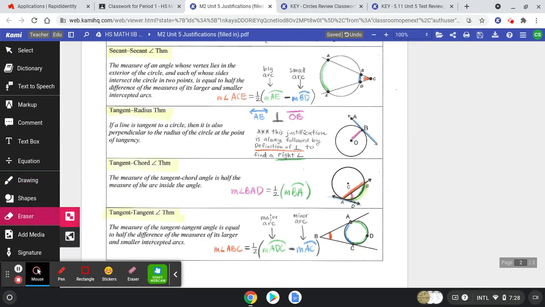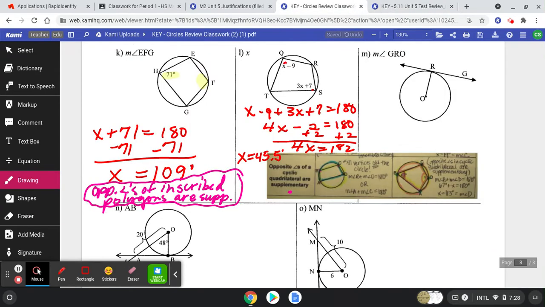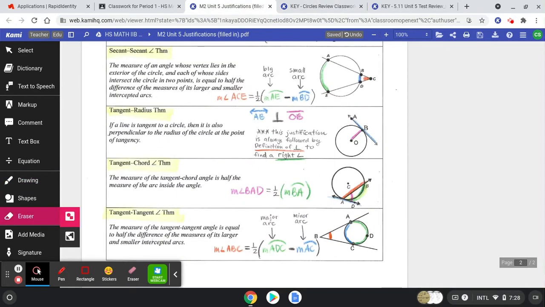So when they asked us for that angle over here, guess what it is? This angle is just 90 degrees. So we're going to say that the measure of angle GRO is just equal to 90. And the reason we write is tangent radius theorem.